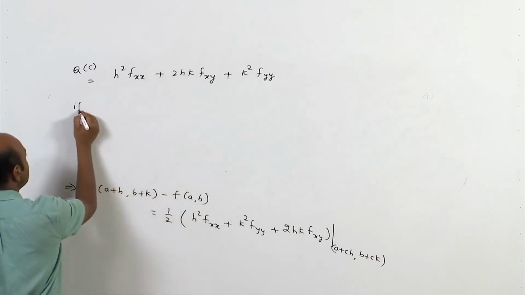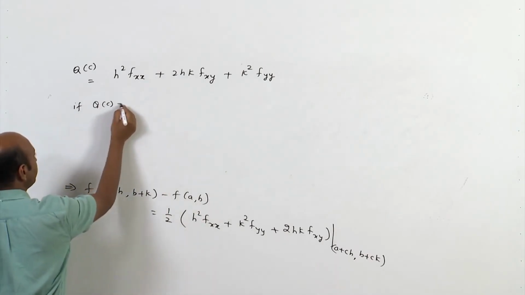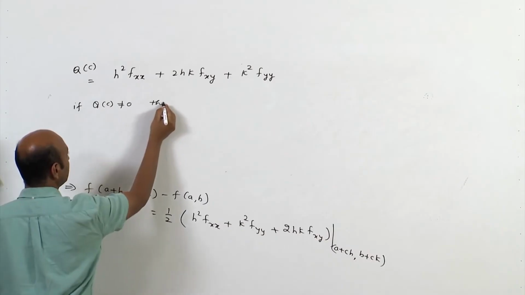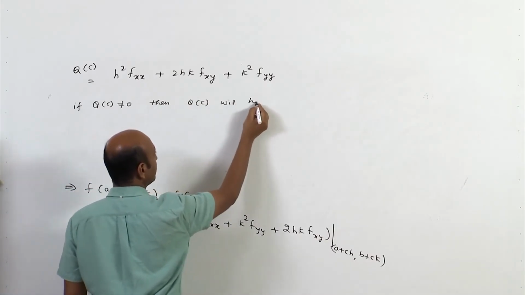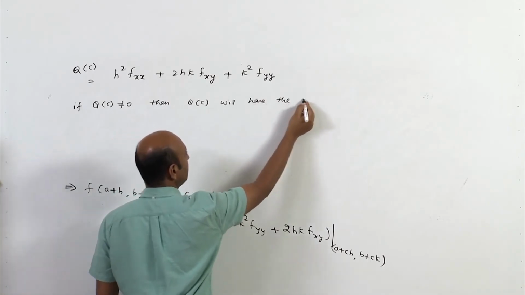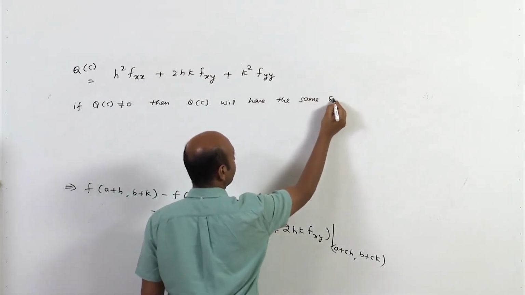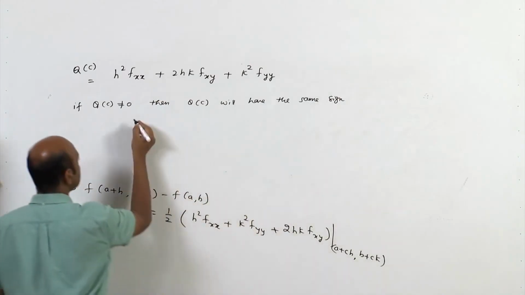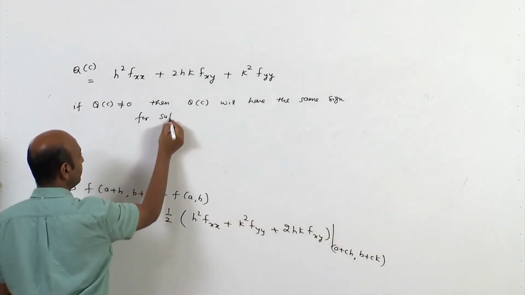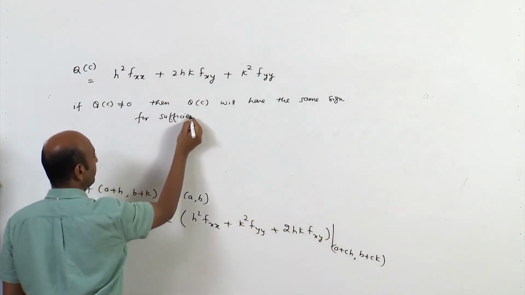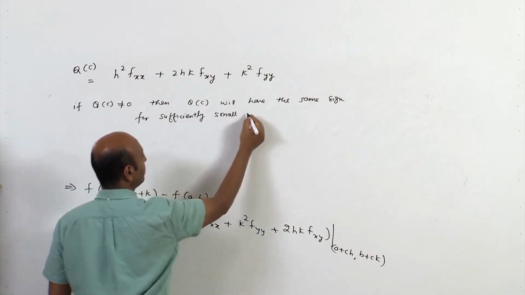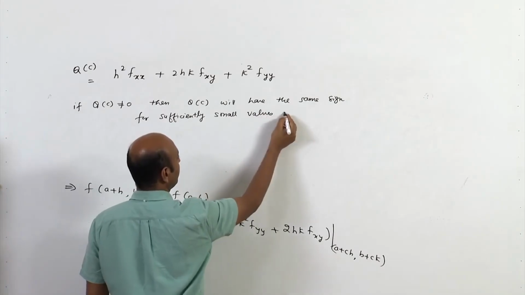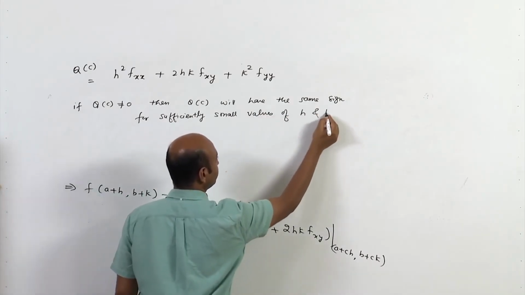Now, if Qc is not equal to 0, then Qc will have the same sign for sufficiently small values of h and k.